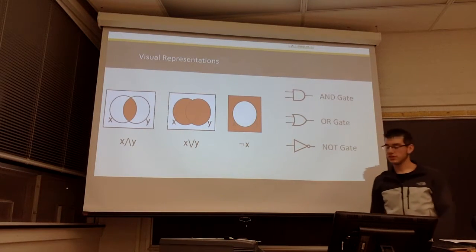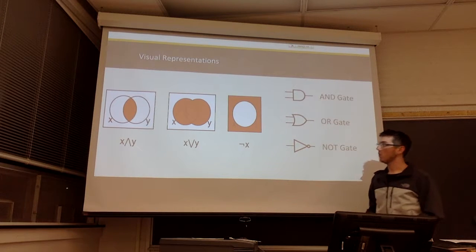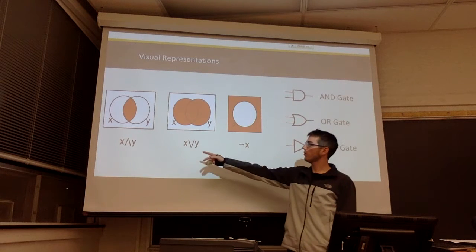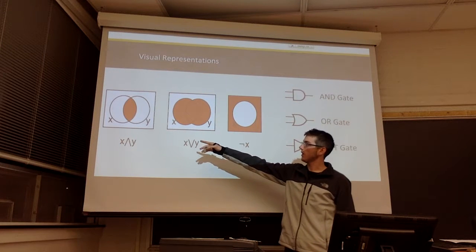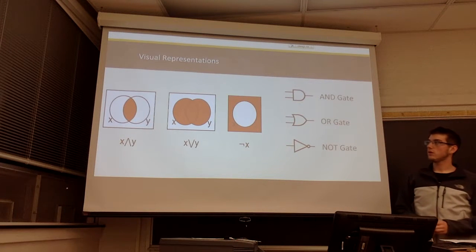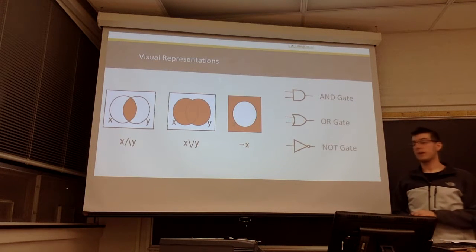There are many visual representations for Boolean algebra. One being the Venn diagram that I'm sure you've all seen before. Over here, the leftmost one is an AND. Everything within the x circle would be considered true if x is true, and everything within the y circle would be considered true if y is true.